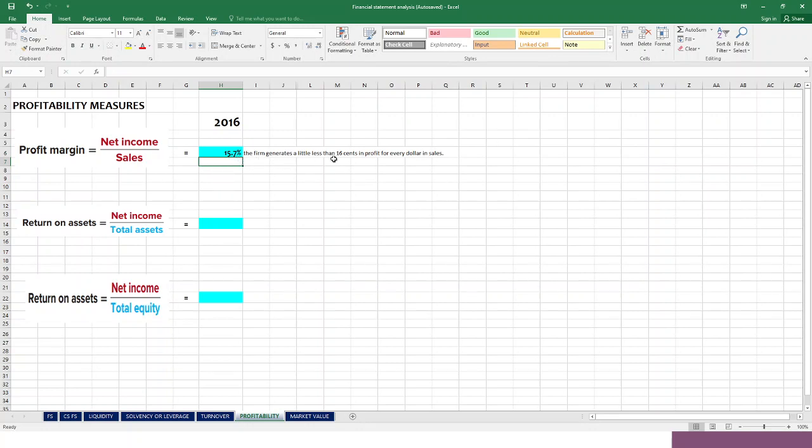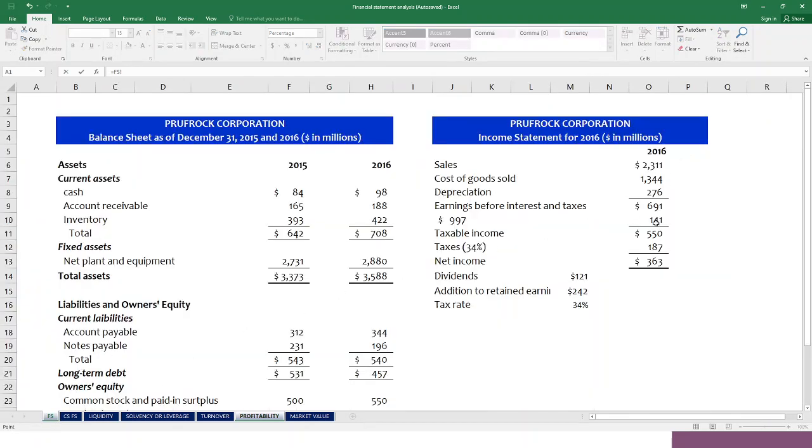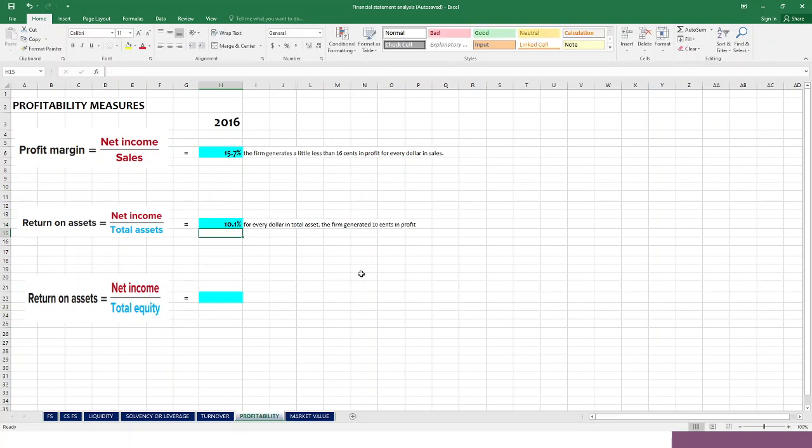It means the firm generates a little less than 16% in profit for every dollar in sales. Then return on assets is net income over total assets. The net income is this. We divide it by the total assets, which is this. Enter. That is 10.1%. For every dollar in total assets, the firm generates 10 cents.